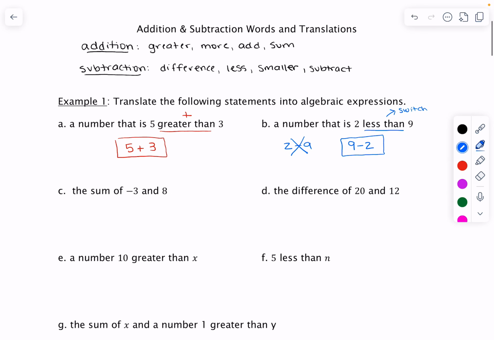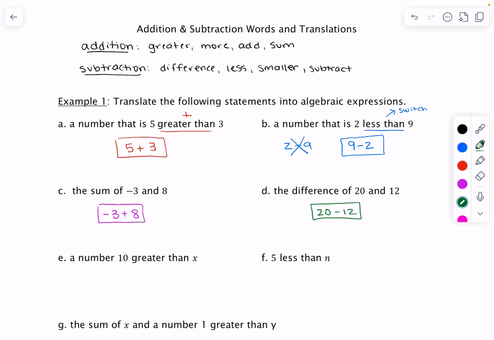Letter C, the sum of negative 3 and 8. Sum means add, so negative 3 plus 8 is my expression. D, the difference of 20 and 12, that's 20 minus 12. That's not switched because we're saying the difference of the two things. We don't need to switch it for that.